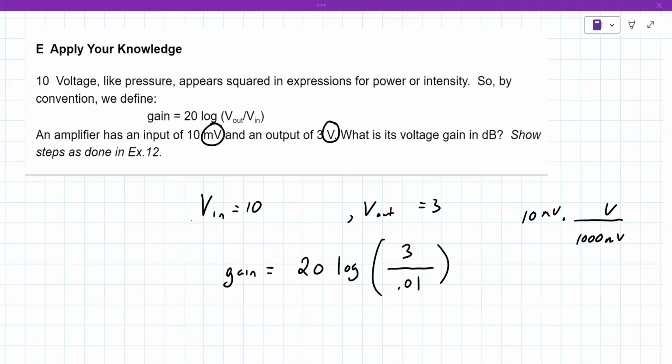Okay, I got an answer. Okay. You want to read it out loud for us, please? Yeah, 49.5. Yep. And then we want units. The units are decibels, dBs, and that is your answer. Nice, we did it. Right.